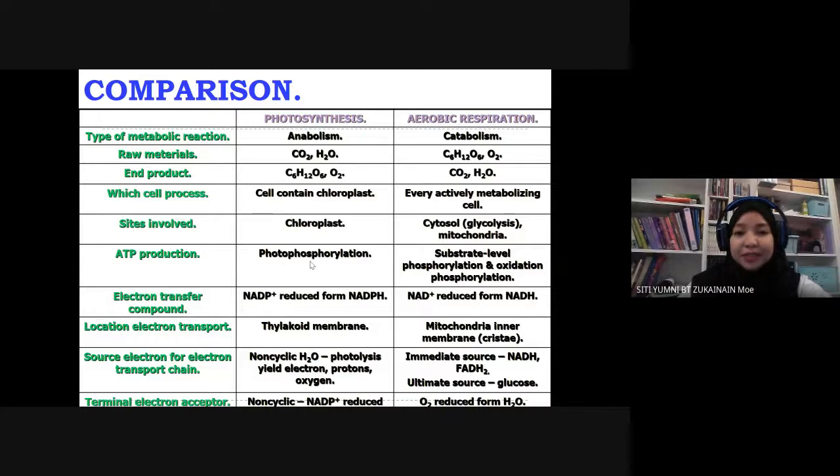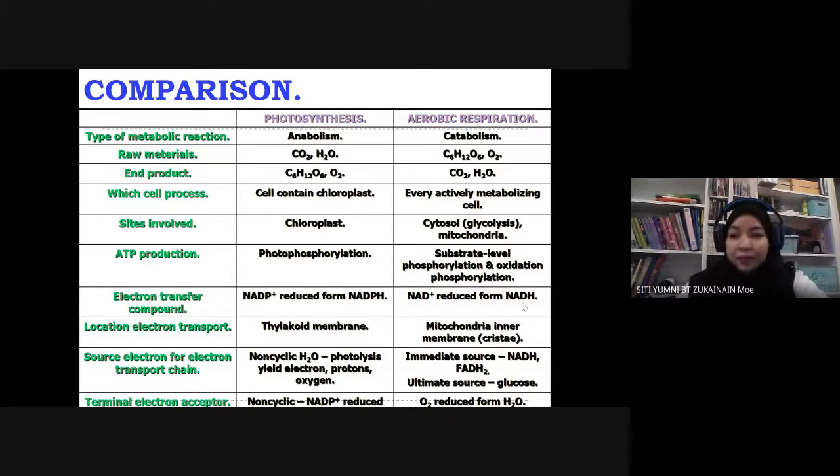ATP production in photosynthesis is via photophosphorylation because it needs light, and in aerobic respiration ATP production is via substrate-level phosphorylation and oxidative phosphorylation.